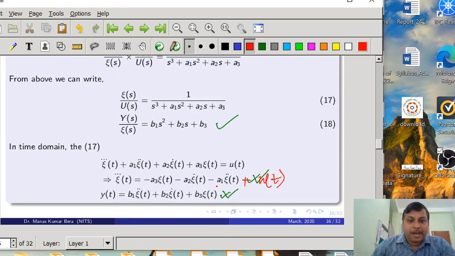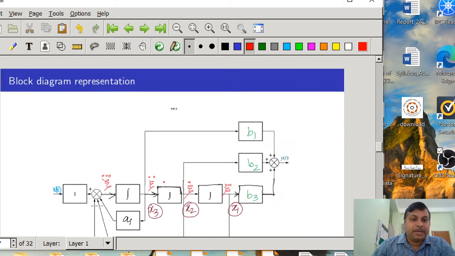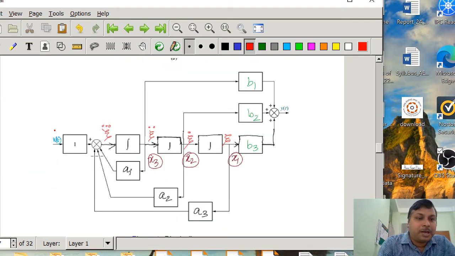So we start with the input and implement zeta triple dot. For that we require zeta double dot, zeta dot and zeta. How will we get those? We start with u(t). Now we want to represent zeta triple dot, so we want zeta double dot. You integrate it and you will get zeta double dot.